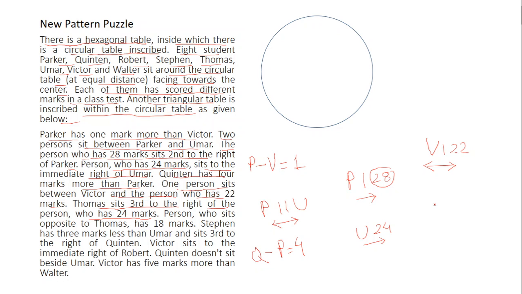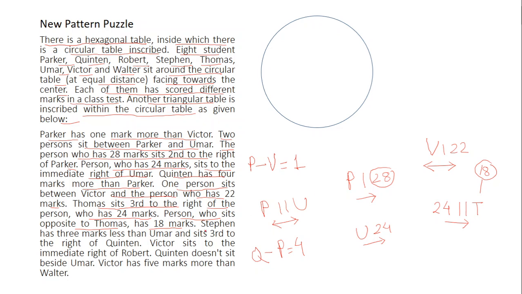The person who sits opposite Thomas has scored 18 marks. So Thomas is opposite 18 marks.